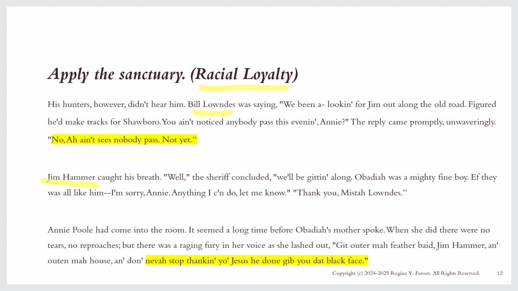So that alone was an appeal for Annie Poole to let him come in, because at this time we're still going through the racial tensions of the day. And so to protect our own, we need to go on ahead and let that person come in. But it's the black face that protects him with Annie Poole, that ensures racial loyalty, even if there is a moral issue with it.